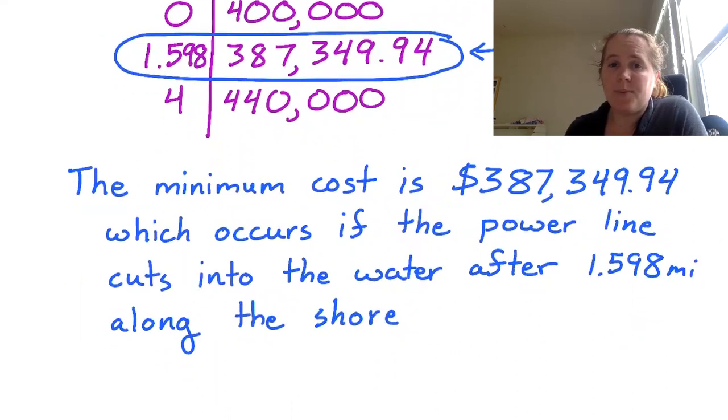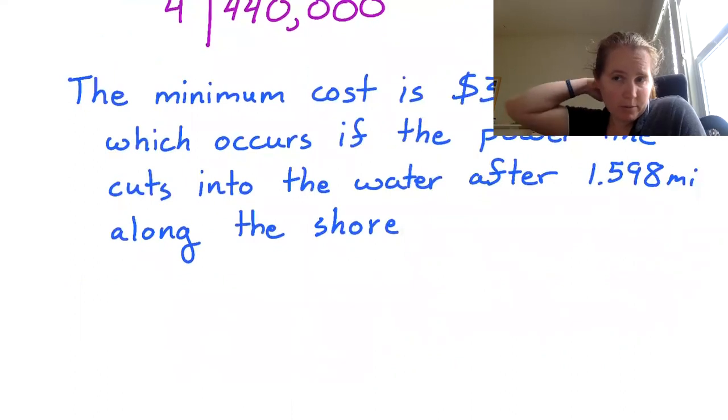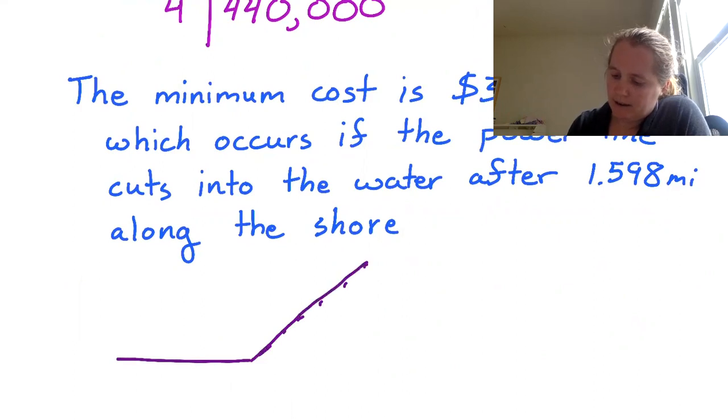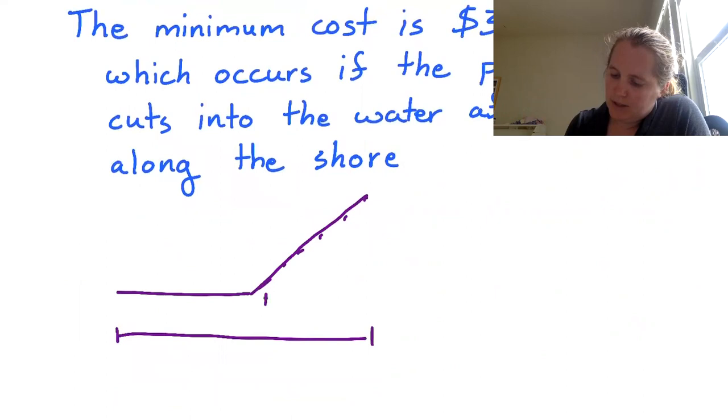Just a quick comment. We probably could have made our life slightly easier if we labeled our variables differently. So if instead of labeling X and then Y, if instead we labeled this piece here as X, basically where we do not travel along the shore as X, and then label this as Y, then we travel 4 minus X miles along the shore.